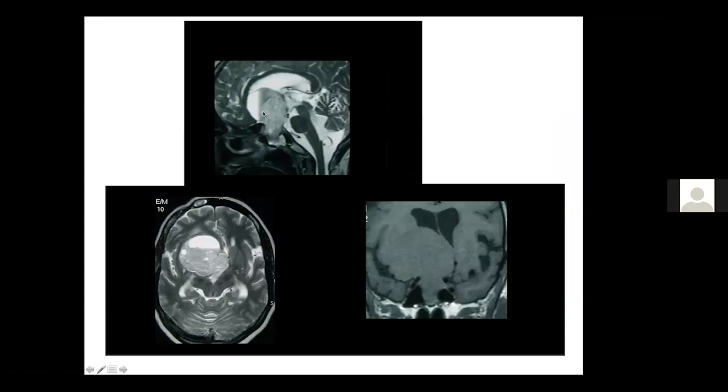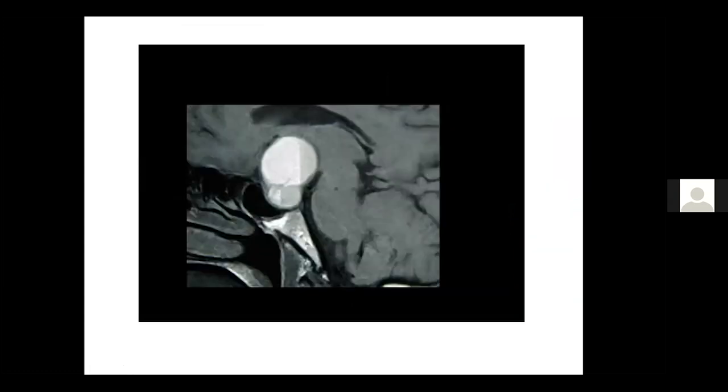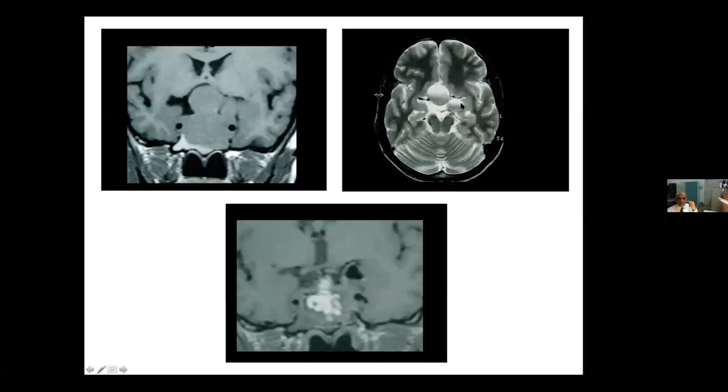Now, don't worry about this tumor. When you operate, you will find a tumor with blood and fluid level. This is a tumor with multiple fluid levels here. This tumor, which is going into the cavernous sinus, there is a fluid level, so it is much easier to remove. This tumor is easy to remove.